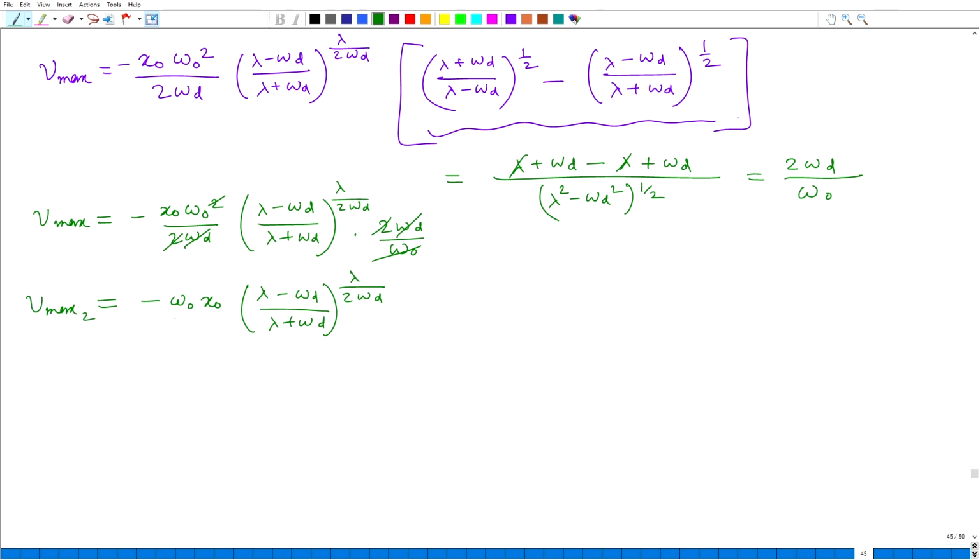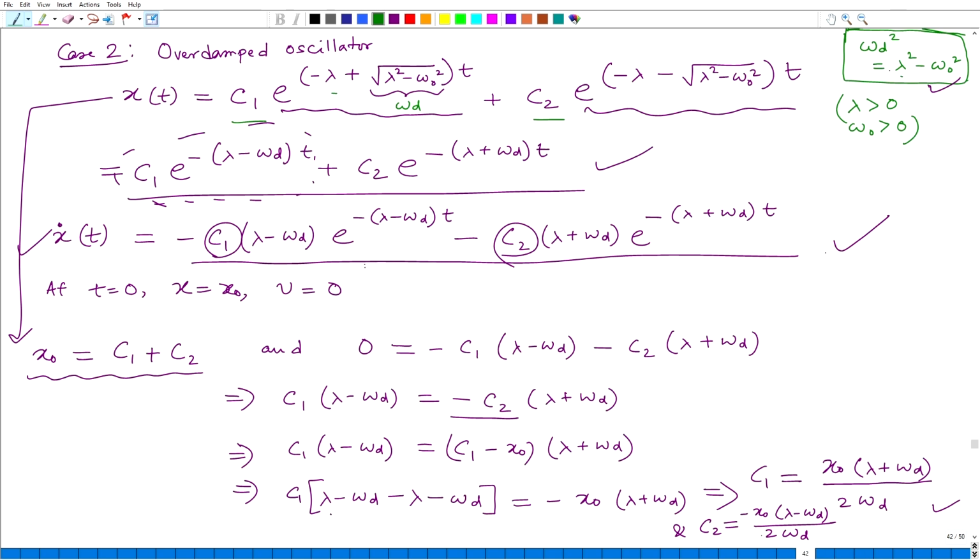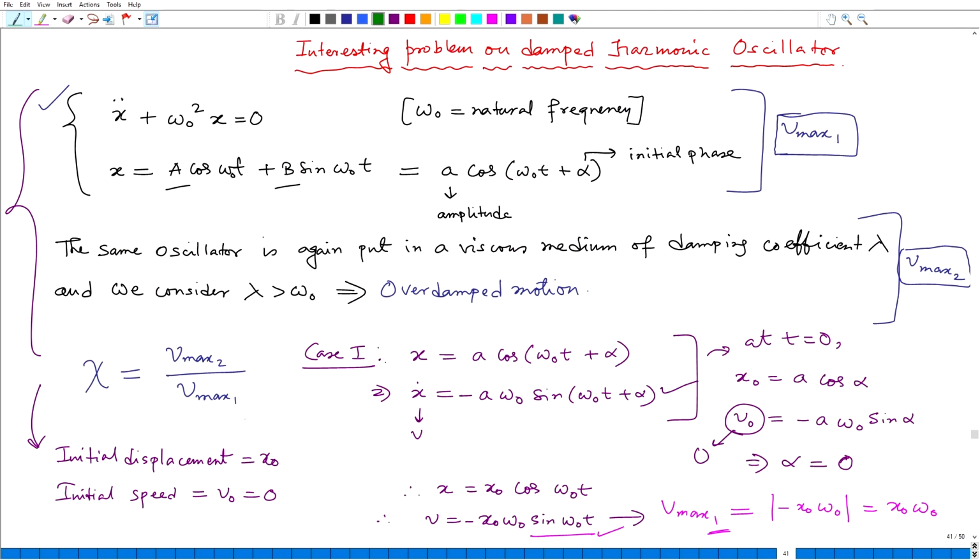So, this is V max 2, and if you remember my V max 1, my V max 1 was simply this thing, actually this. Okay.